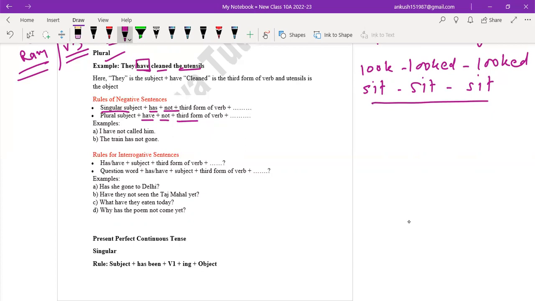Whenever you make the sentence negative, it is compulsory to add not after the helping verb. For example, I have not called him, the train has not gone, or has not left the station. Understood? You may use this kind of negative sentence and this structure.